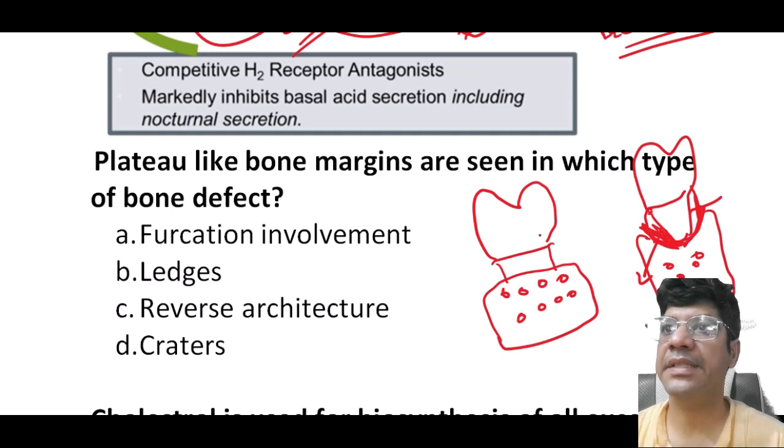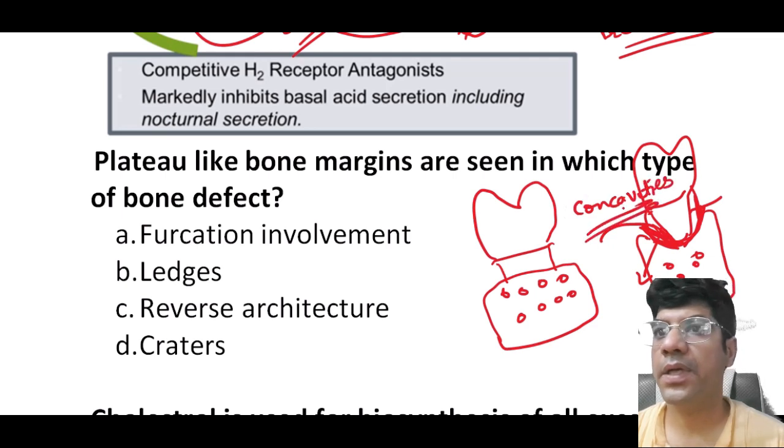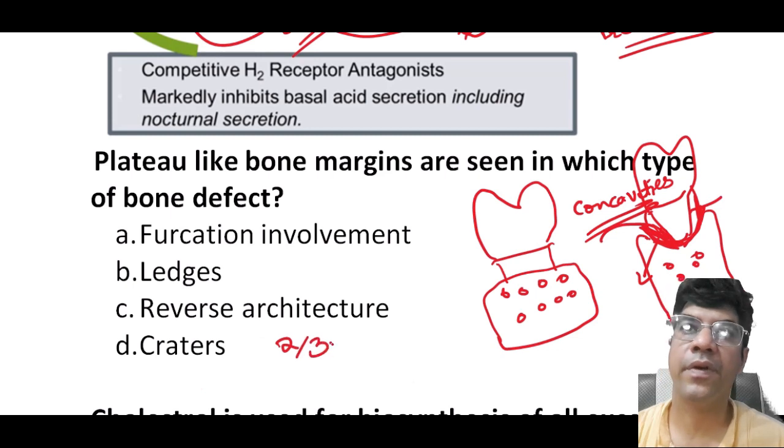So what are these? These are the concavities in the crest of the interdental bone that are confined within the facial and the lingual walls. And remember, these craters, they form around 2/3 of all mandibular defects.